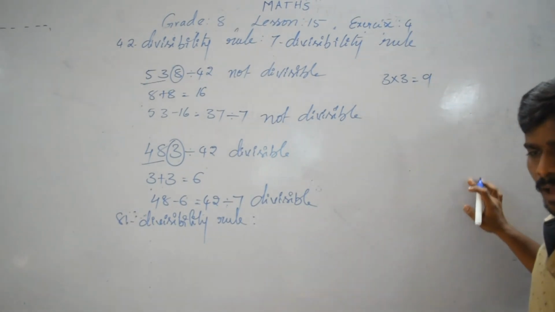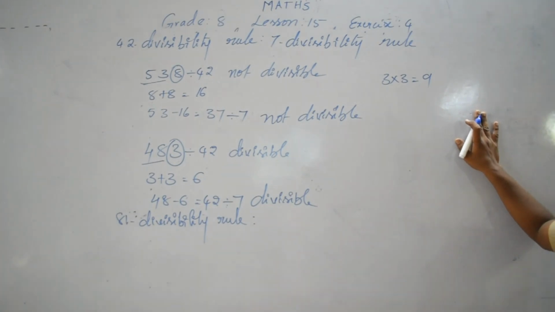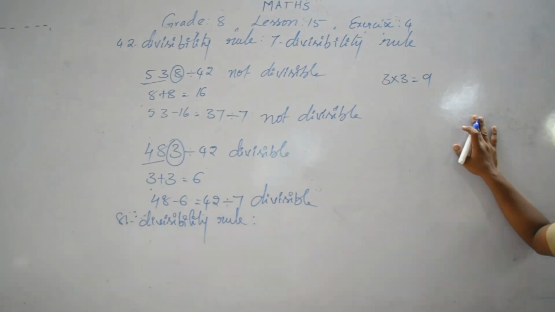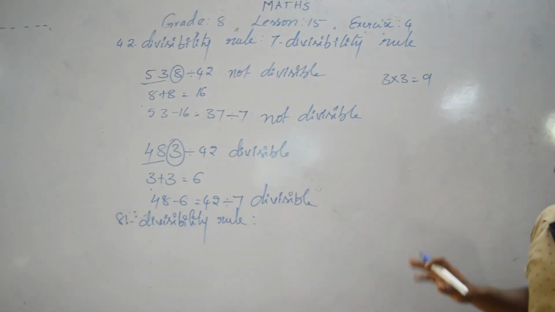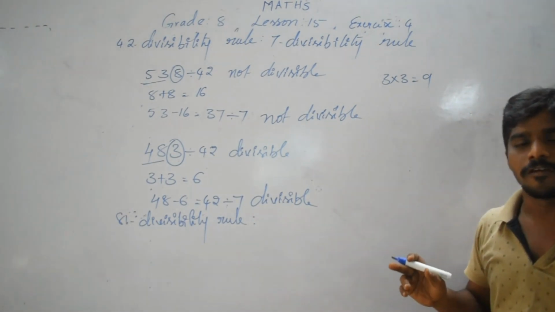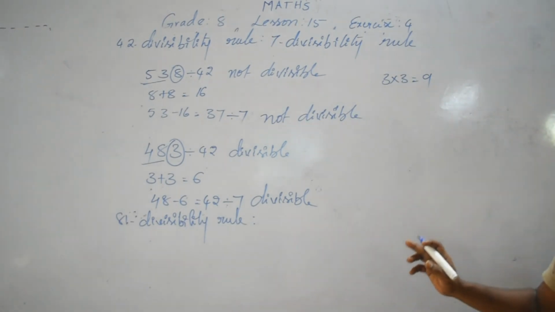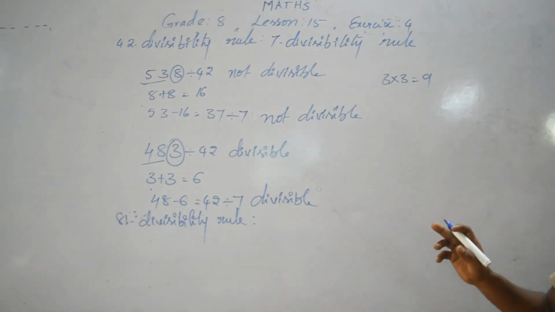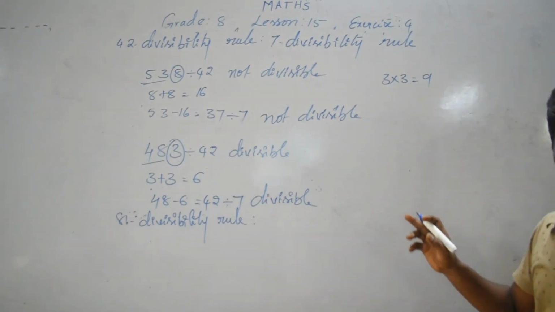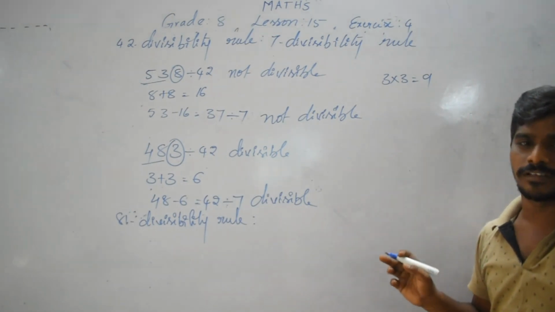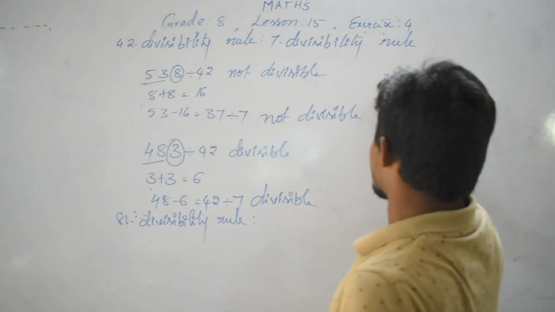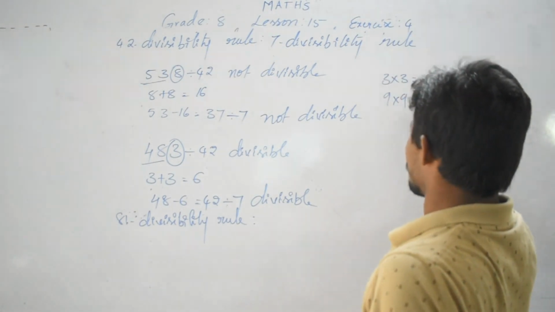A number is divisible by 3 when the sum of all digits in that number is divisible by 3. A number is divisible by 9 when the sum of all digits in that number is divisible by 9. So 9 9s are 81.